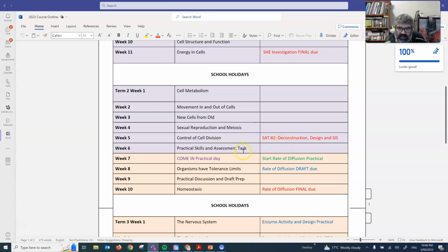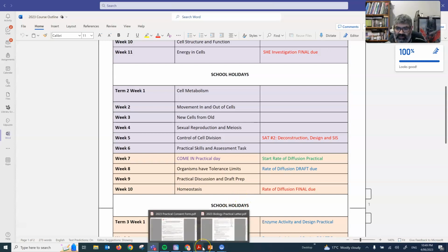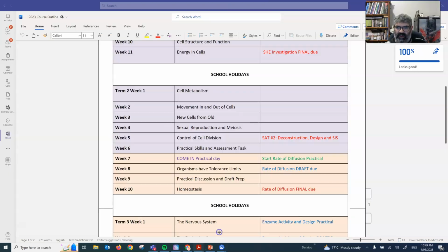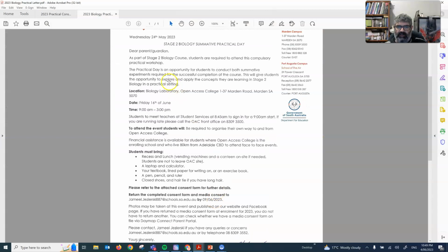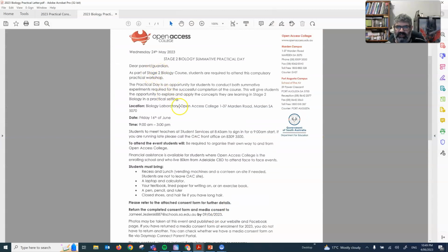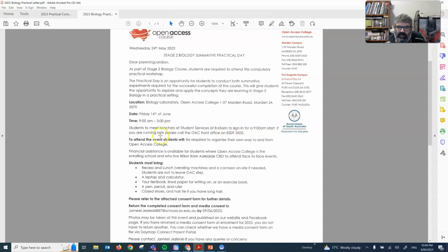So in regards to the practical day, there was the third thing I wanted to talk about today. That's coming up next week in week 7 on the Friday, and another separate email that I would have sent you outlines the instructions for the day, the location, the date, the time that we'll be running for, and what needs to happen.